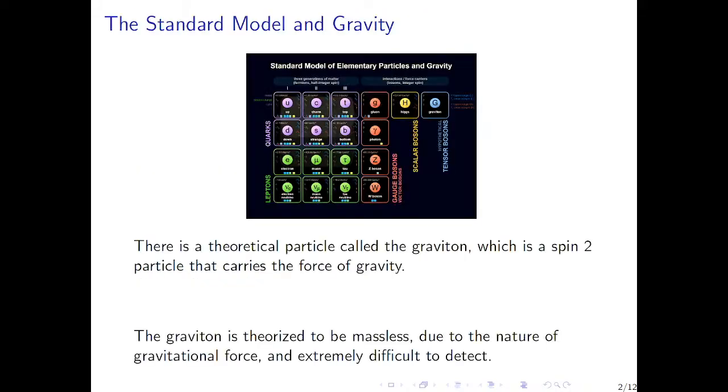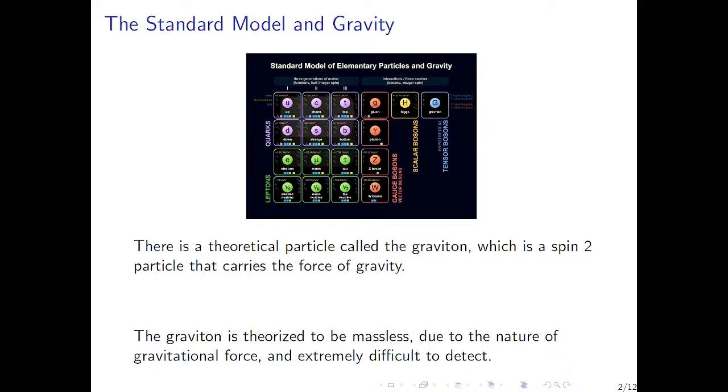Now, first up, before we get started, we got to talk about the standard model and gravity. Kind of like what Sawyer was talking about, we're looking at combining these two theories of physics to try and make a cumulative theory that combines the standard model, which describes matter in our universe, and gravity. Now, as you can see on screen, we have a whole bunch of different particles. We have our quarks, leptons, but what we want to focus on are these bosons.